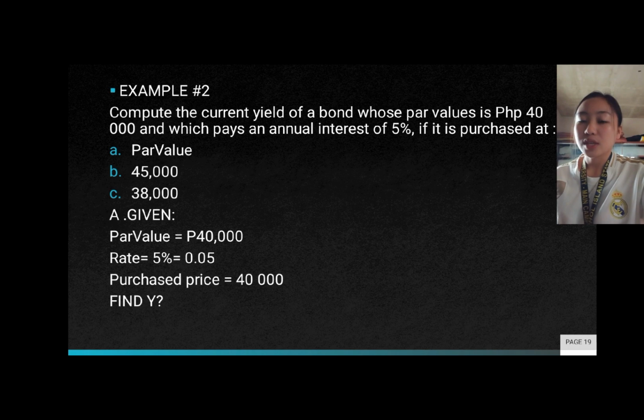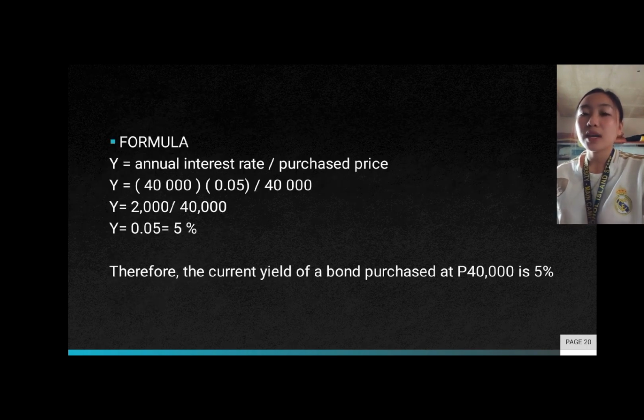So the given par value is equal to 40,000. The rate is 5% or 0.05. Purchase price is 40,000. Find Y. So the formula is Y is equal to annual interest over purchase price. So the annual interest is 40,000 times 0.05 over 40,000.